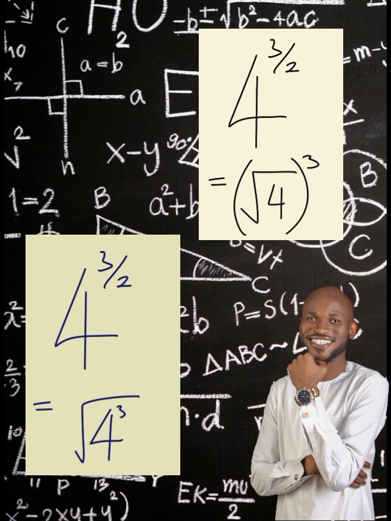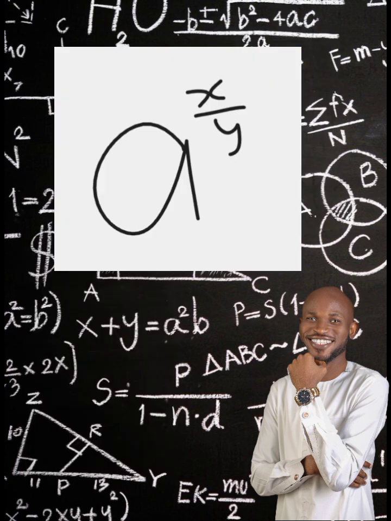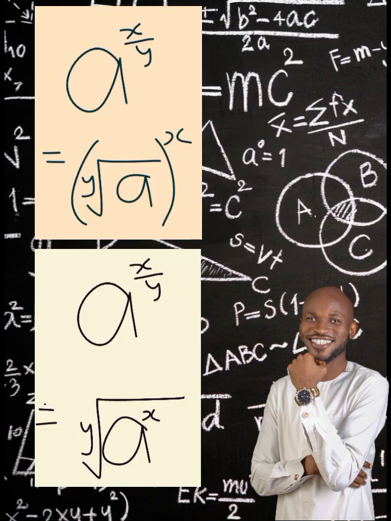So with that established, you can now say, if you're having a raised to the power of x over y, that is a raised to the power of x over y, is the same thing as saying the y root of a raised to the power of x, or the y root of a raised to the power of x.